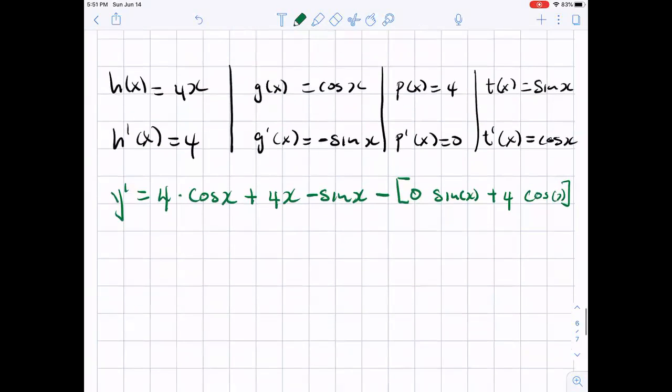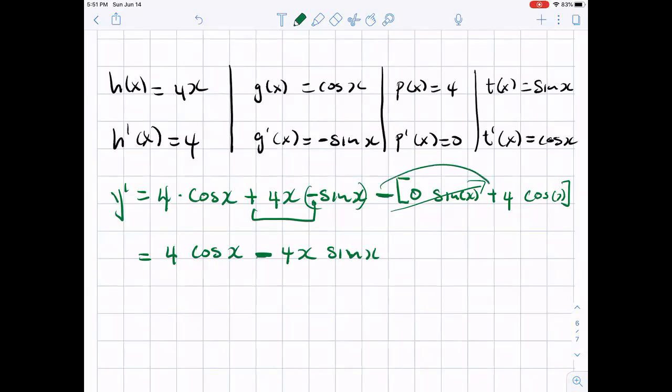If we simplify, this goes away to 0. This becomes 4 cosine x, minus 4x sine x, and then when you distribute the negative, minus 4 cosine x.